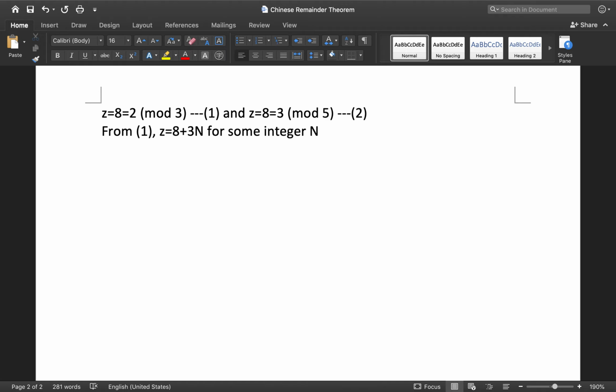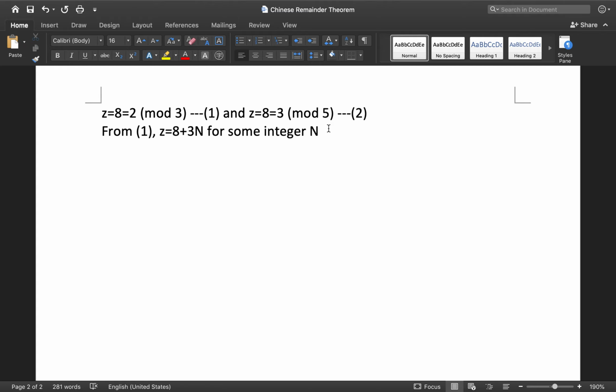Why? Because z is congruent to 8 in the congruence modulo 3. So if you take the difference, z minus x must be a multiple of 3. That's why you can get this expression.